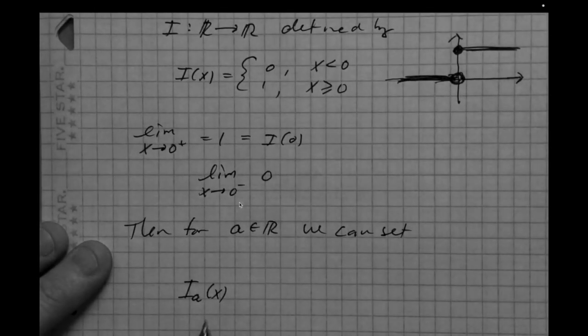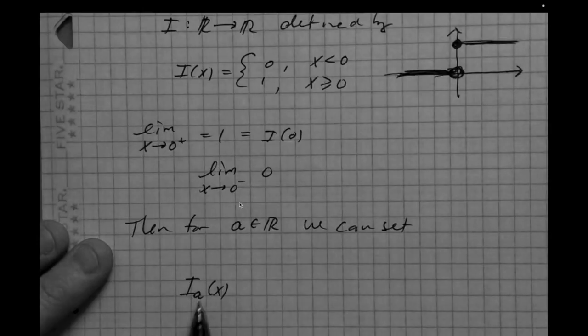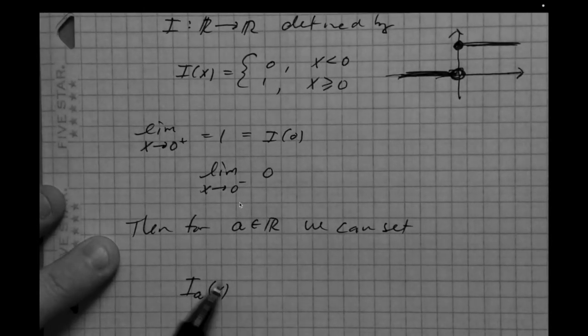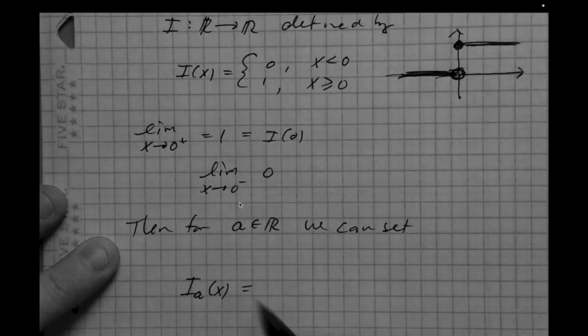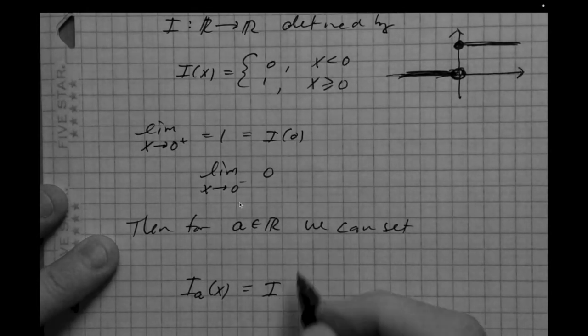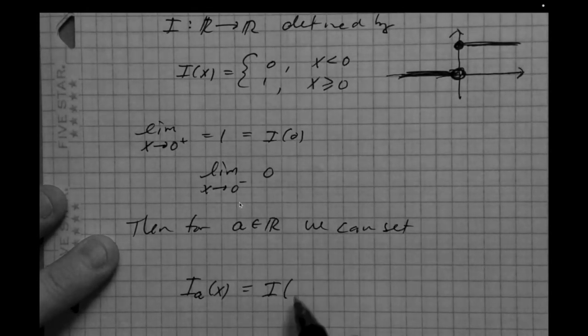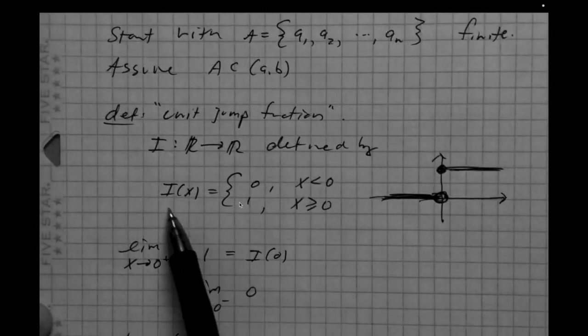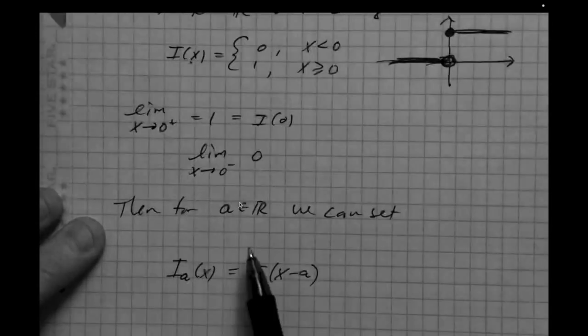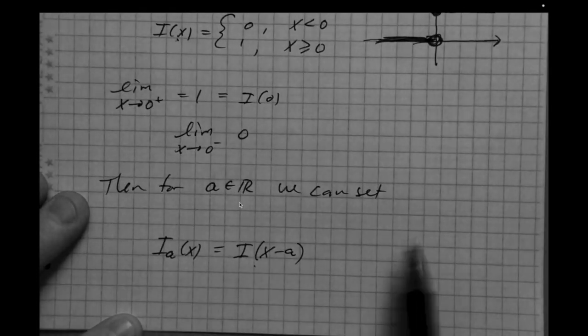This is the unit jump function subscript a, indicating that there's some involvement by the real number a. Really, it's just equal to the unit jump function where the argument, instead of just x, is x minus a. So this is x minus 0, so we can make it x minus anything.